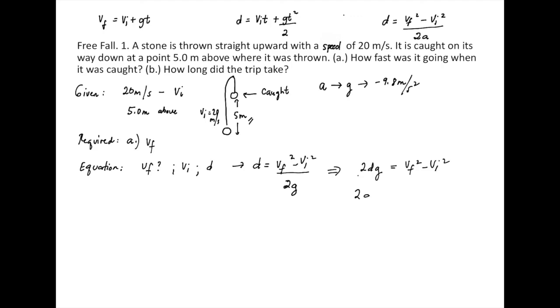Therefore, we have 2dg plus VI squared, and that is now the value of VF squared. Taking the root of both sides, our final equation would be VF equals the square root of 2dg plus VI squared. Now, let's go to our solution.